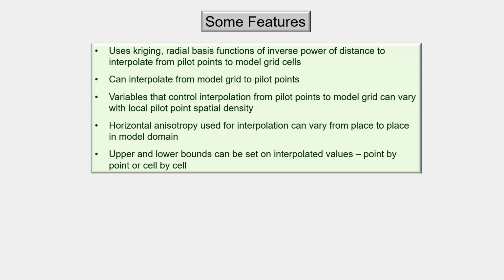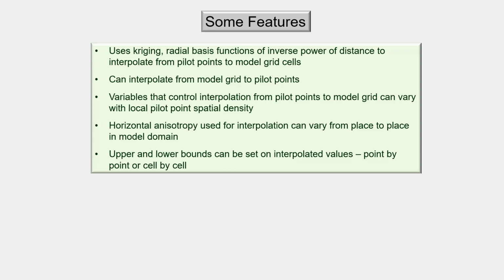It can interpolate from pilot points to a model grid. It can interpolate from a model grid to pilot points. It's very flexible in the way that it applies its interpolation schemes. For example, you can control the algorithm used for interpolation on a pilot point by pilot point basis. And we'll just talk about that shortly.